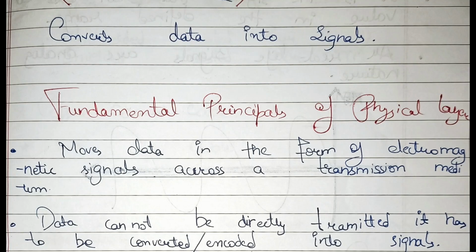So we encode the actual form of data into signals, so that those electrical signals can be carried by the electrical lines to the receiver, and when they are received, they can be decoded into the original form again.